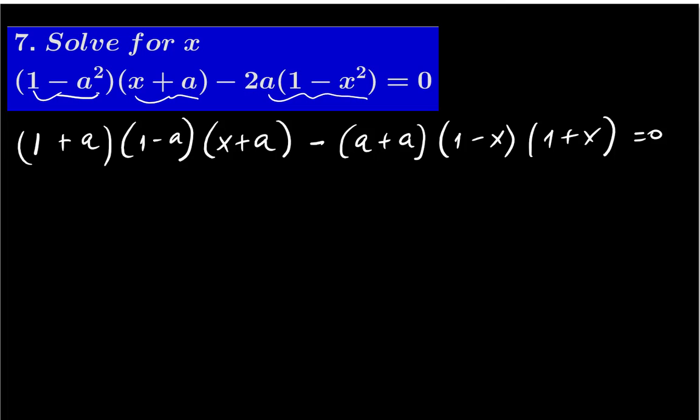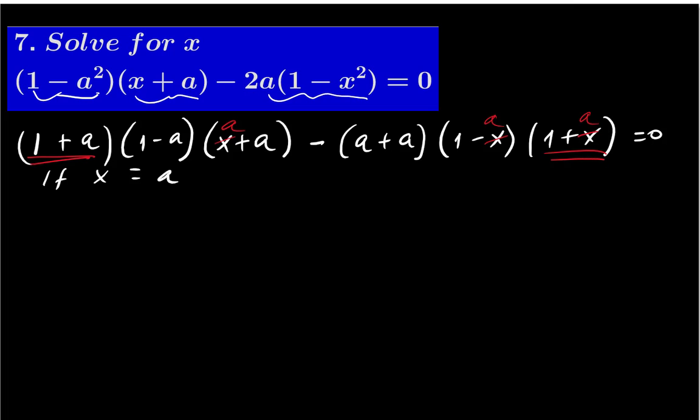What does it say to make this one 0? Let's say x is equal to a. If x is equal to a here, watch, we get what? We get a here, we get a here, we get a here, and we have 1 plus a, 1 plus a.